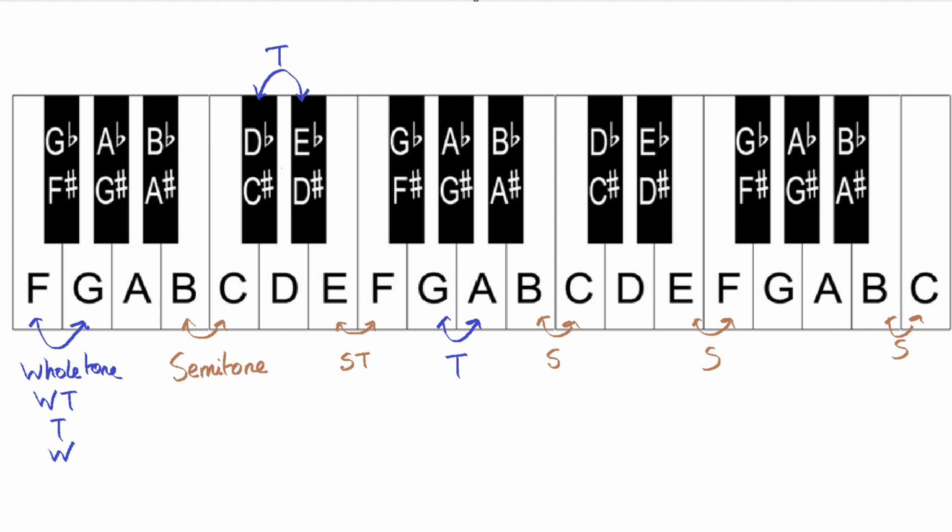Now, for a white note and its neighbouring black note, this is a semitone. So we can see that the octave is made up of 12 unique notes, all a semitone apart.